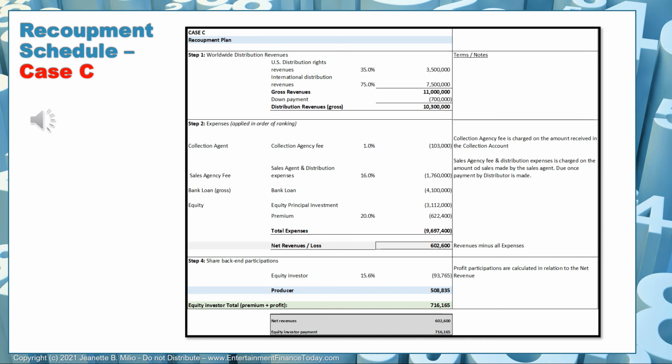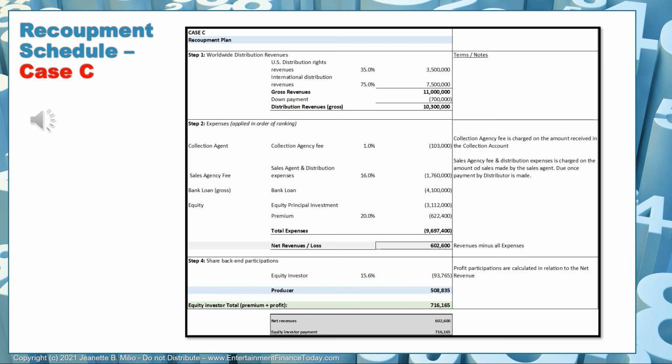So if we take these expenses and we're deducting it from the revenues, we are left with net revenues of $602,600. And when we're looking at the equity investor, they're receiving now a 15.6% profit participation payment, which is $93,765. That, in addition to the premium that they received of $622,400, gets them a payment of altogether $716,165.